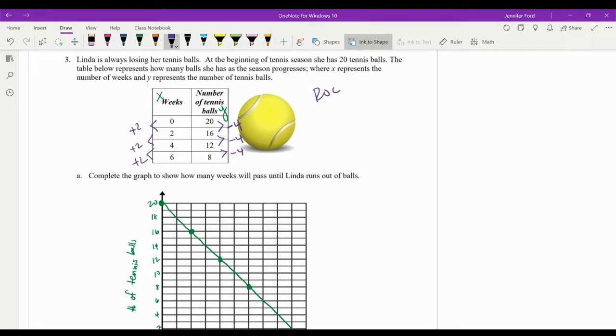So the rate of change is she loses 4 tennis balls every 2 weeks. I would take that down to she loses two balls per 1 week. Okay, that's the rate of change.